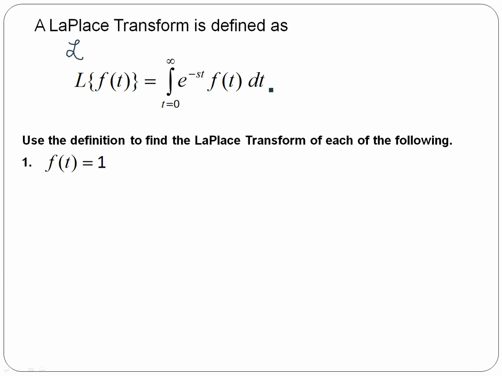Now, there are many tables of Laplace transforms, but it's important that you know actually how to find the Laplace transform. And so we're going to look at a couple of functions, finding the Laplace transform by applying this definition. On the first one, we're going to start with a nice constant function, f of t is equal to 1.